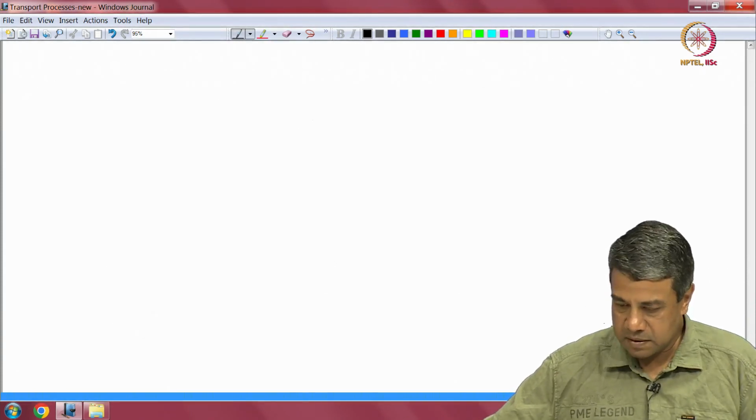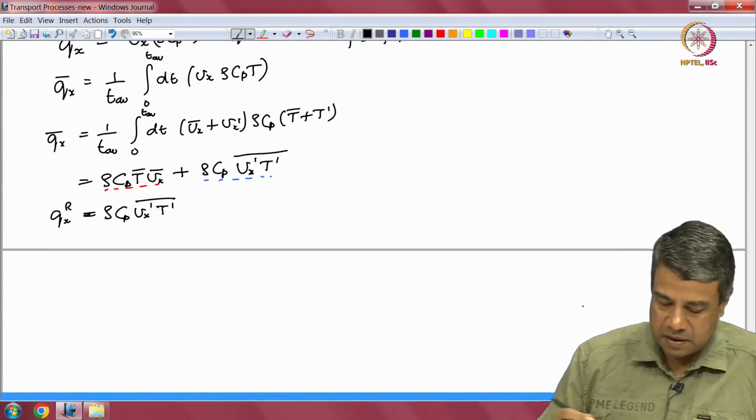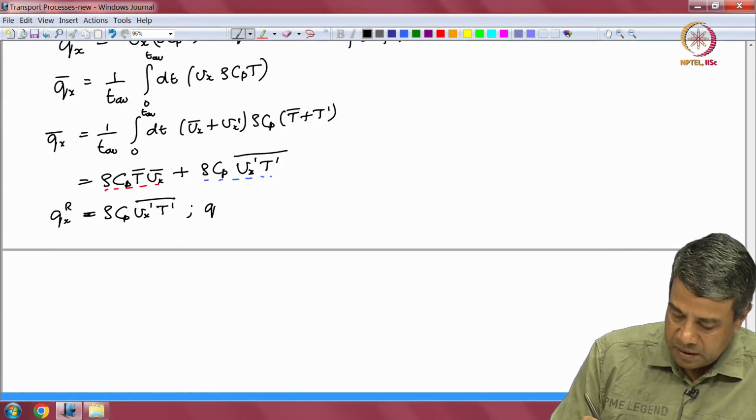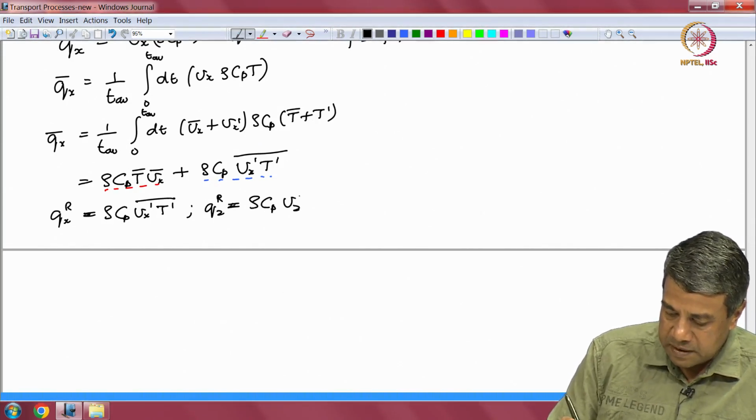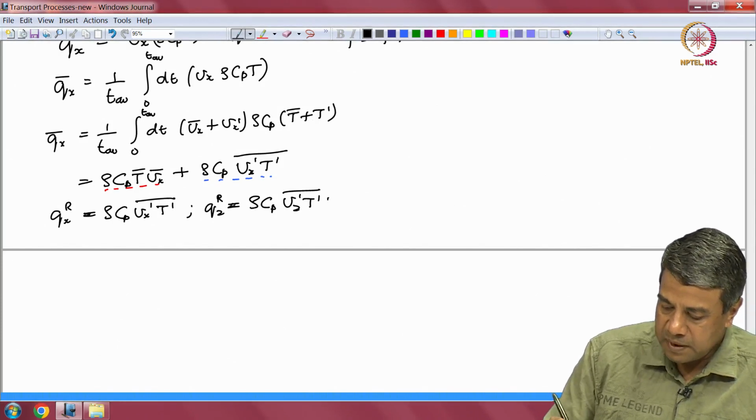And similarly, you can use this for other directions as well. Q z, the Reynolds flux, is equal to rho C p V z prime T prime, and Q y is equal to the corresponding expression.